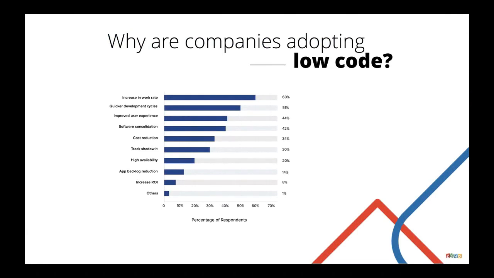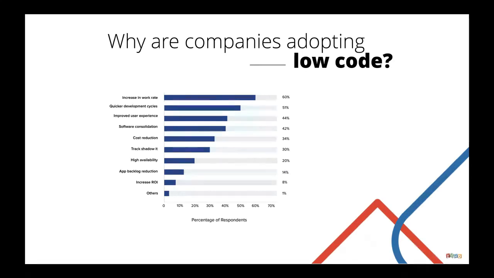A few reasons why companies are adopting low-code: like I mentioned, there is a substantive reduction in cost. It's very easy to deploy, it reduces the time very much, the app backlog is reduced, and there is increased ROI, because you will be able to build multiple applications that help different parts of the organization.